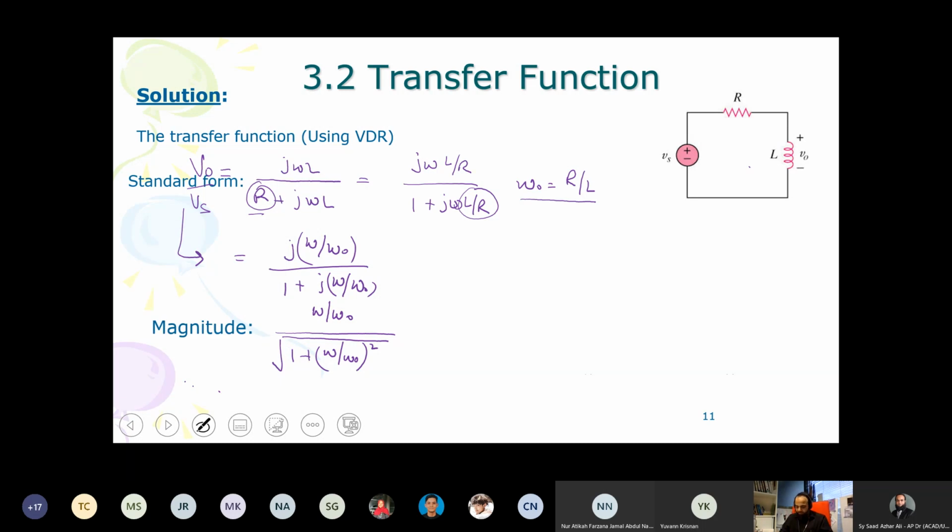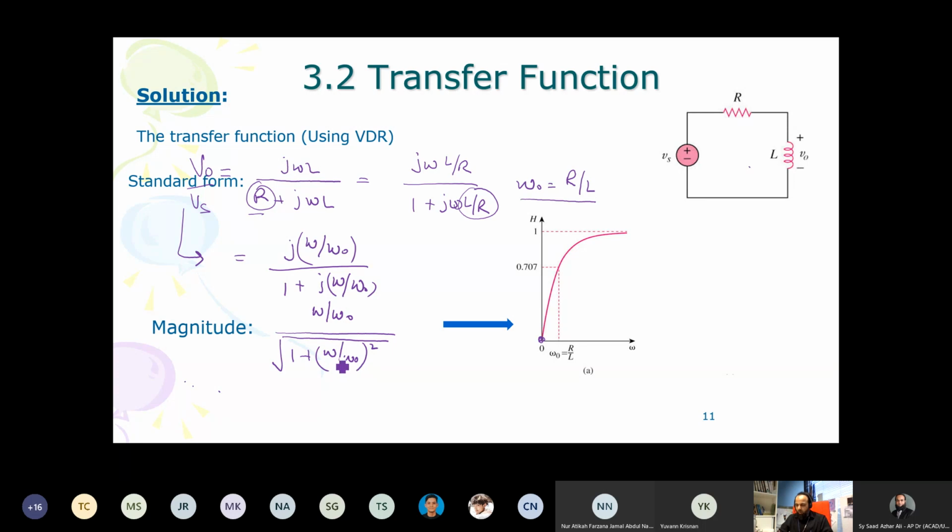Now the phase. If we look at the plot for this one, just like before, for omega equal to 0, the magnitude is 0, and as we keep on increasing omega, it will increase.